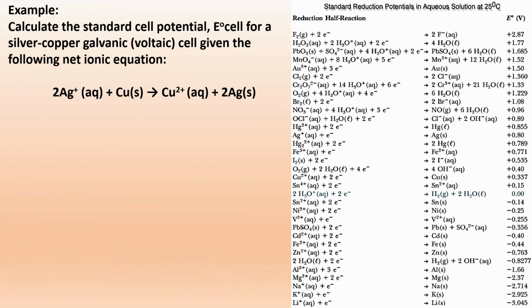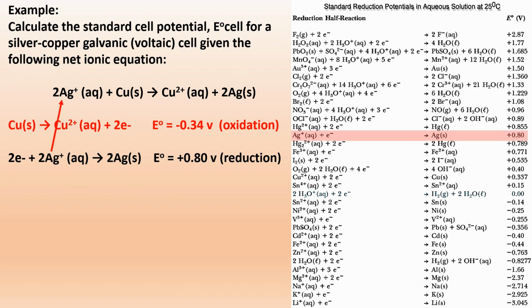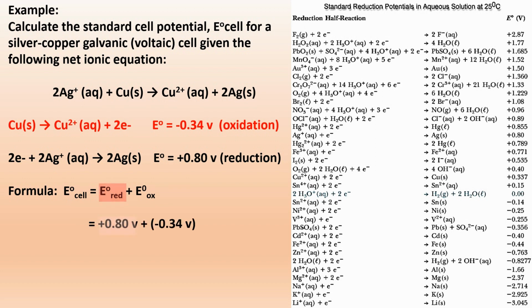Given this information, we may now calculate the standard cell potential for a silver-copper galvanic or voltaic cell. Copper undergoes oxidation. Its oxidation potential is negative 0.34 volts. Silver undergoes reduction. Its reduction potential is 0.80 volts. The formula to use is standard cell potential is equal to the standard reduction potential plus the standard oxidation potential.